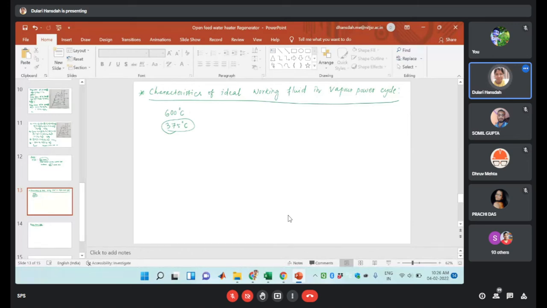Another thing is that, suppose steam is the working fluid and we go beyond an increase of the steam pressure, so that we can get a higher mean temperature where we can add the heat. If we go beyond a certain high pressure, it will have a certain moisture content.